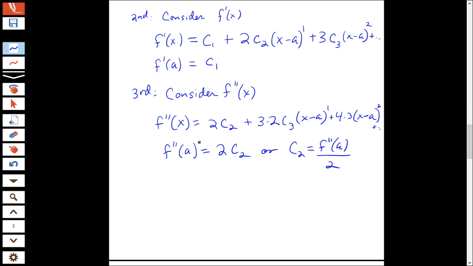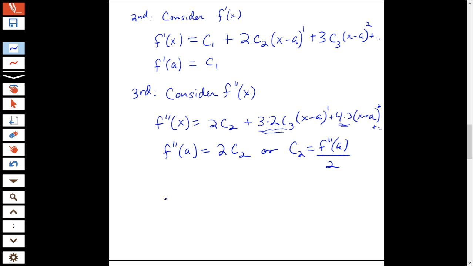So, having this pattern and seeing, okay, if we did the third derivative, this is going to be equal to f triple prime of a. And then 4 times 3 times 2 is going to be the fourth coefficient, c sub 4, the fourth derivative divided by 4 times 3 times 2.